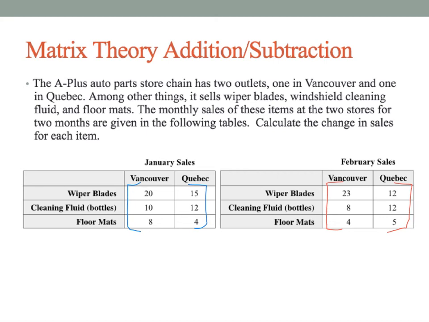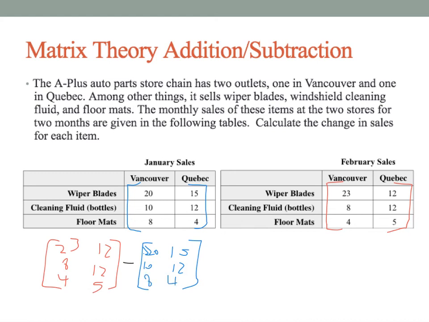And since we're finding a difference, we're actually going to put February first, so February subtract January. So 23, 8, 20, 15 to 12. We're going to find the difference between those.